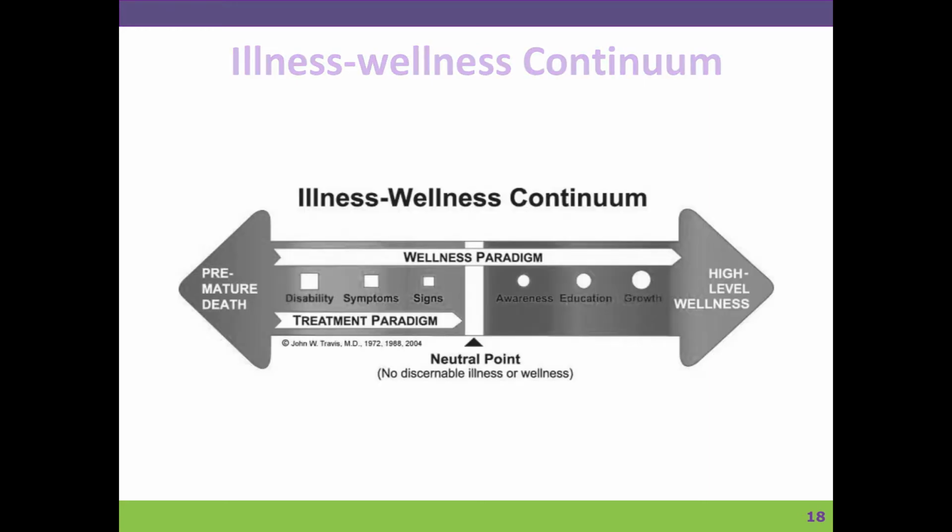This is illustrated on the following diagram on the slide. Moving from the centre to the left shows a progressively worsening state of health. Moving to the right of the centre indicates increasing levels of health and wellbeing. Treatment can bring you to a neutral point where symptoms of the disease may be alleviated.